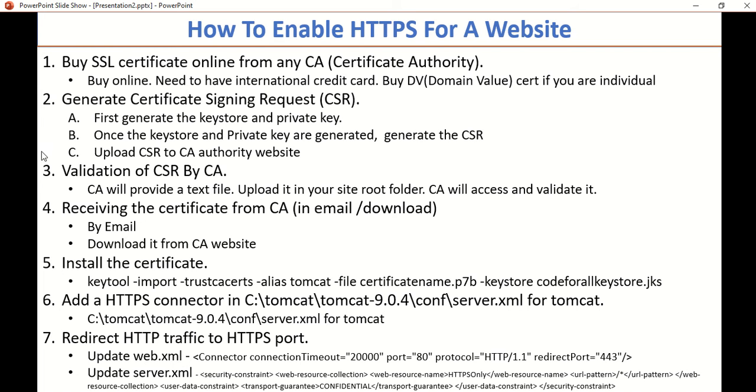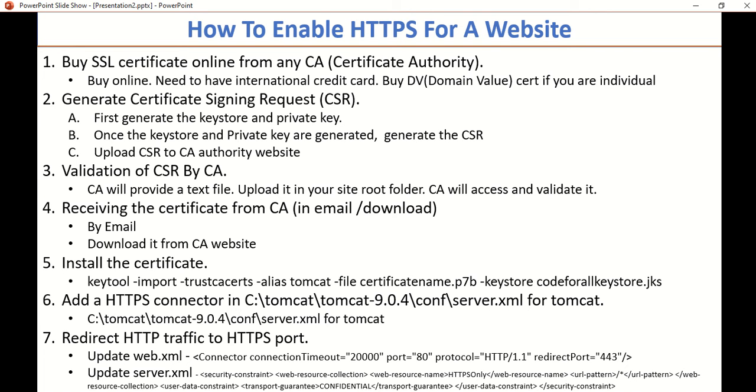The next step is that you need to generate a certificate signing request. You need to generate a certificate signing request. This CSR request varies from CA to CA. That means every CA has its specified steps, and you should follow those steps and generate the certificate signing request, CSR.